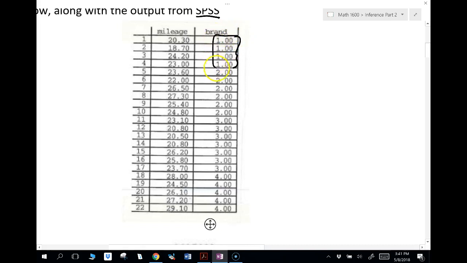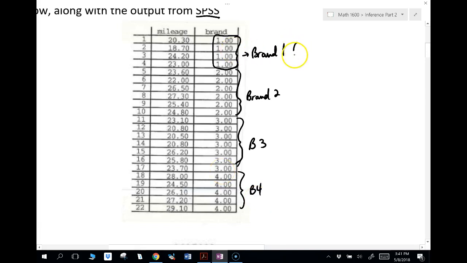All these 4 cars, they come from brand 1. And then these right here are brand 2. These are brand 3. These are brand 4. All right, we didn't label them Hyundai and Toyota or whatever, but we just label them numerically.